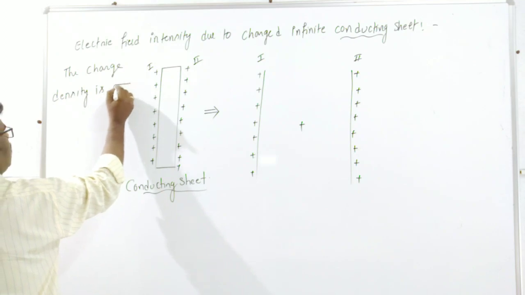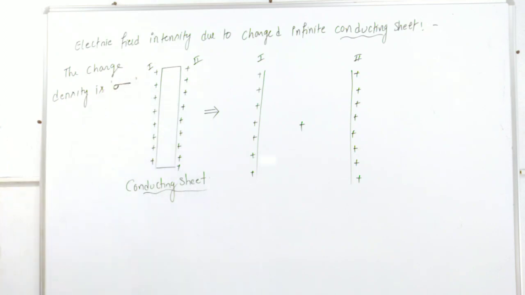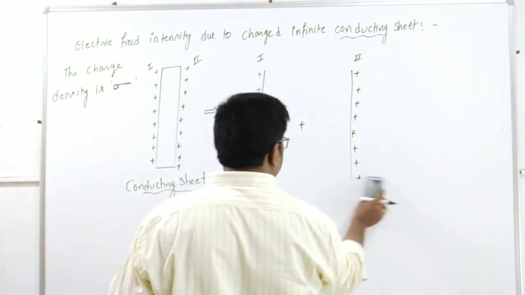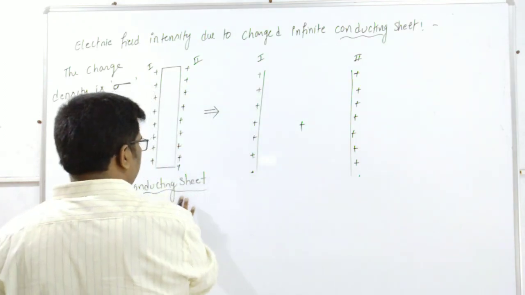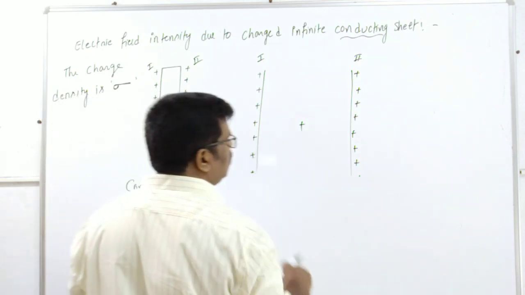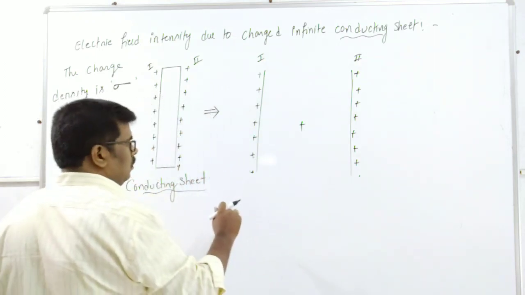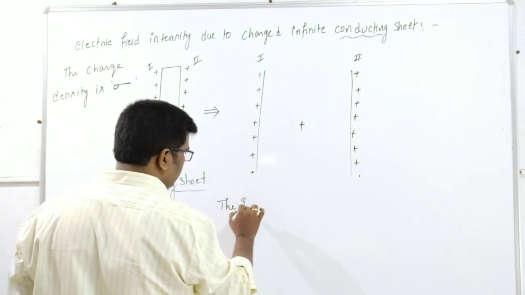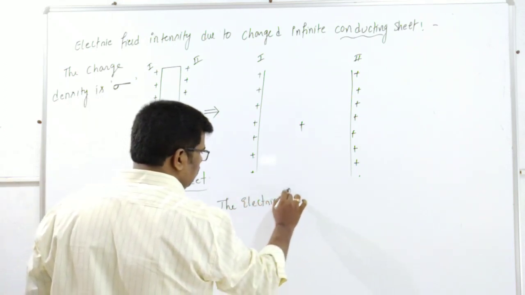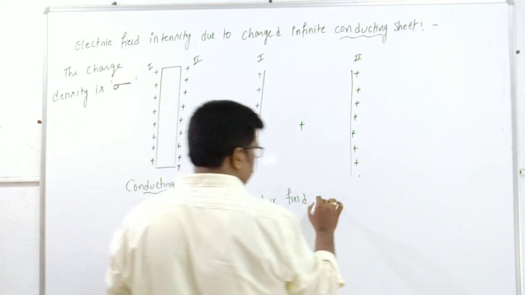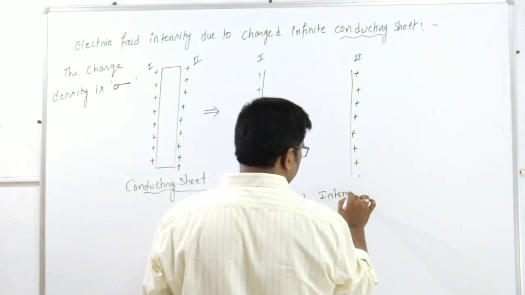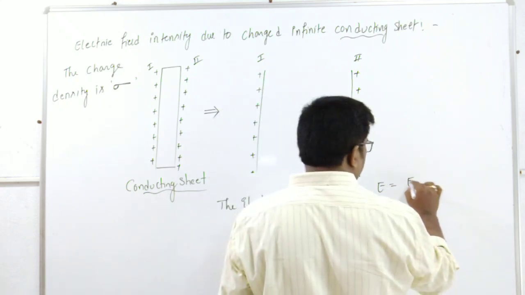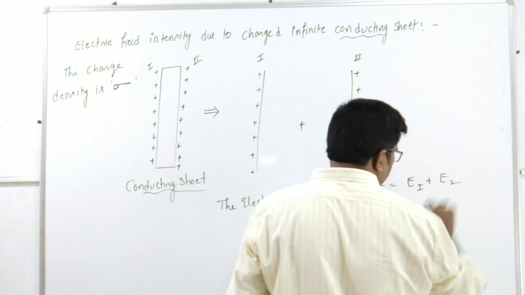Here we are discussing that the electric field intensity due to this conducting sheet, a combination of two non-conducting sheets, is E equal to E1 plus E2.